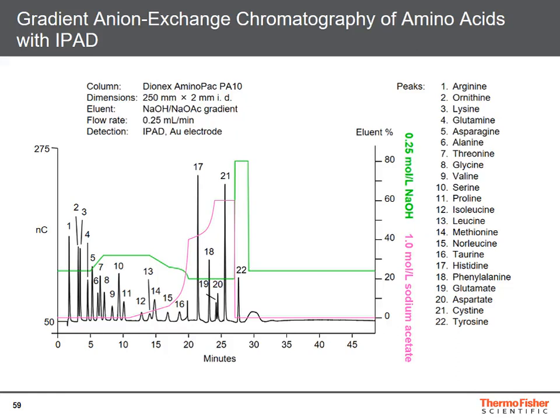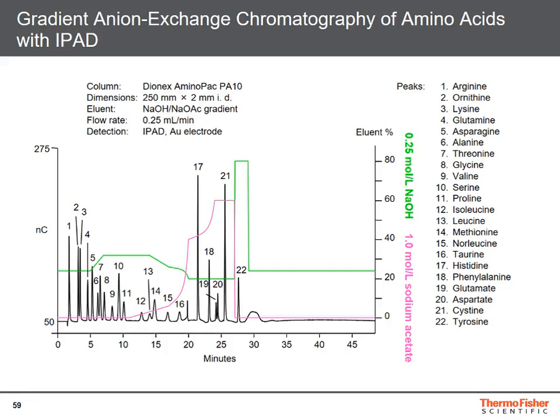Like with carbohydrates, we are separating amino acids on an anion exchanger at high pH, which also favors the subsequent electrochemical detection. The eluent is very similar, consisting of sodium hydroxide to maintain a high pH and a sodium acetate gradient.